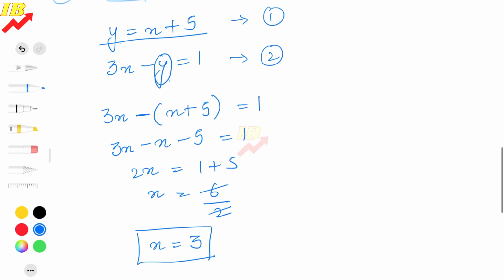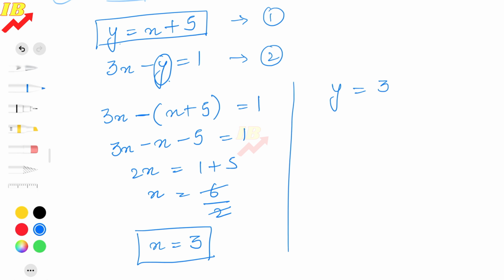Now you already have the value of x here. Now you use this equation and substitute your x value in it. This is going to give you the y solution, which is 8. Look how simple this is. Easily you're getting two answers by substituting, right?